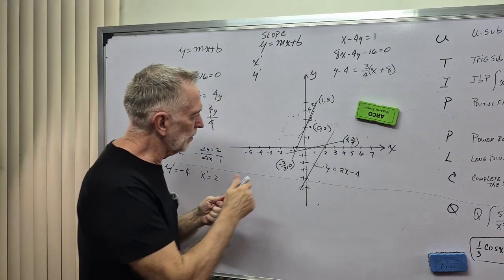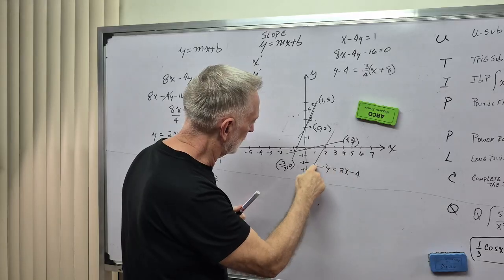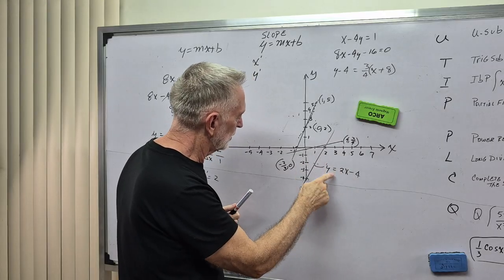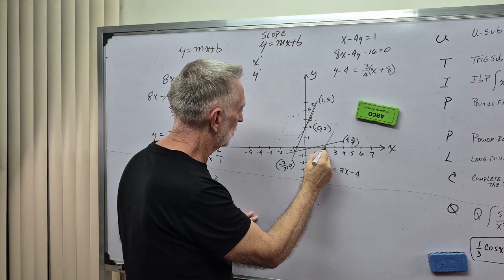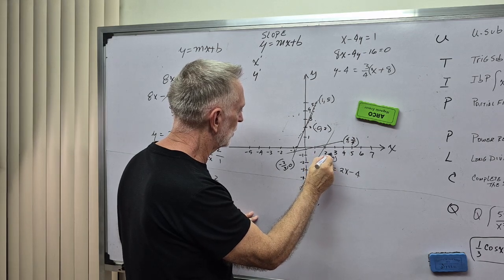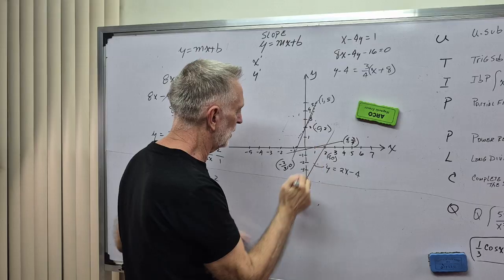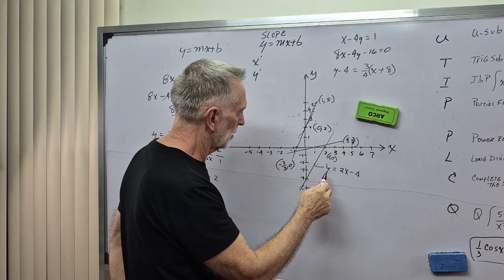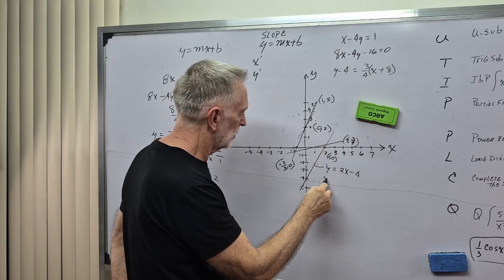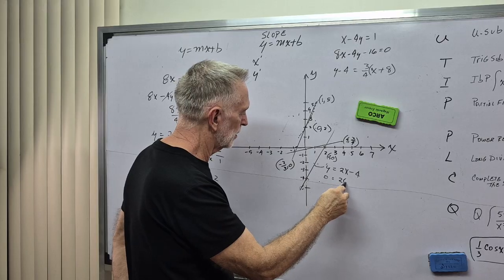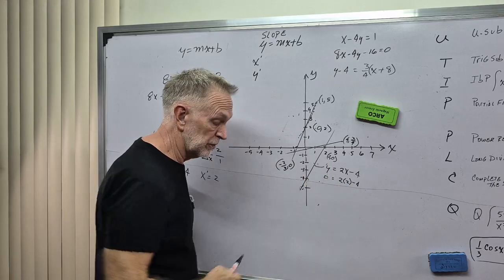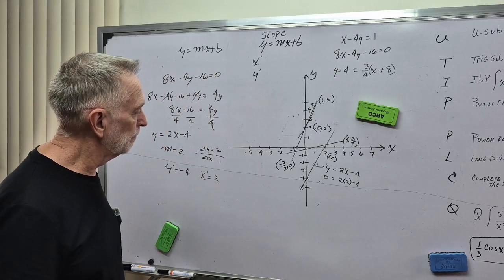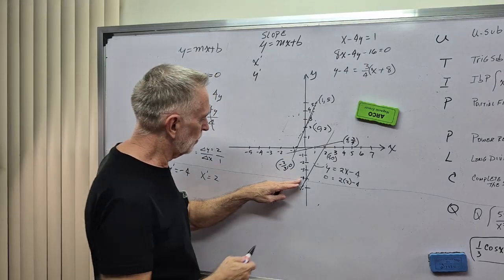What if we put in the point (2, 0)? Because x is 2, y is 0. Four minus 4 is 0. Should work. Good deal. What if we put in, what is this point?